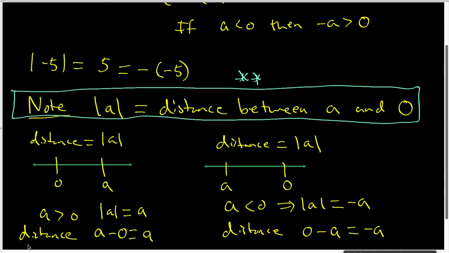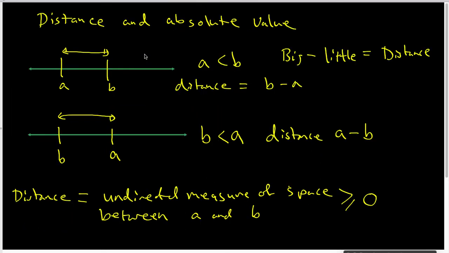Well, I want to wrap this up by going back to our previous problem of big minus little. And I want to notice that back over here, if I look at B being bigger than A, in this case, the distance is going to be the absolute value of B minus A, because B minus A is bigger than 0.